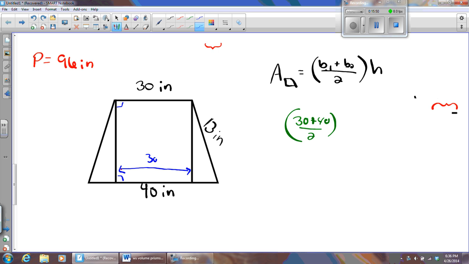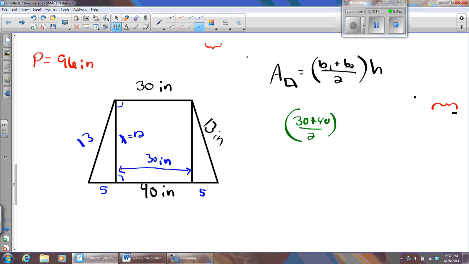Because it matches the first base. Well, if the whole thing's 40, doesn't that force this to be 5? And it forces that to be 5 because 5 plus 30 plus 5 is 40, right? The whole thing is 40. Now this is 13 because they're congruent, and I need to use the Pythagorean theorem to figure out x. Well, I'm going to tell you that x is going to be 12 if you do the Pythagorean theorem.